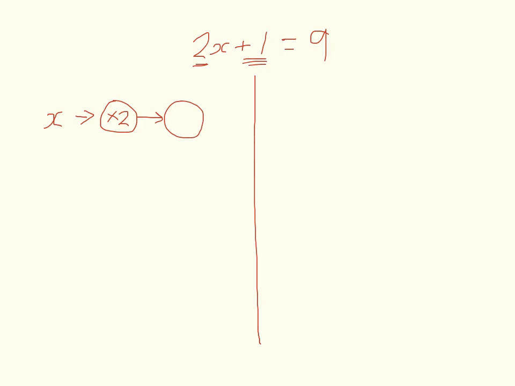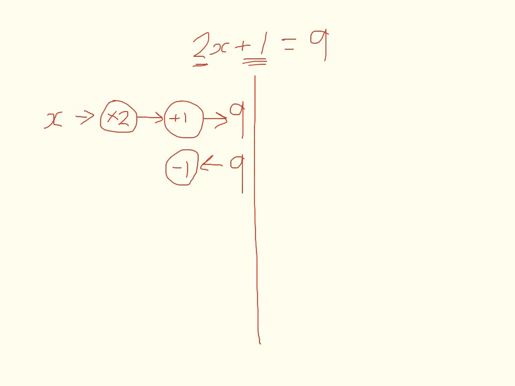I then add on 1 and I get to my answer, which is 9. Now in solving this, all I'm asking you to do is to do the opposite. So we're going to start with 9, and then what are we going to do? Well, the first thing, the inverse of +1 is to take away 1.